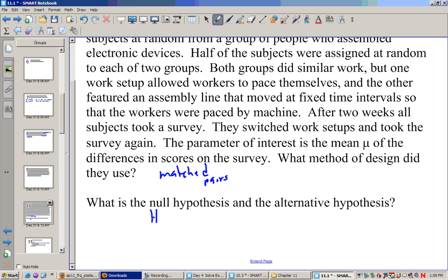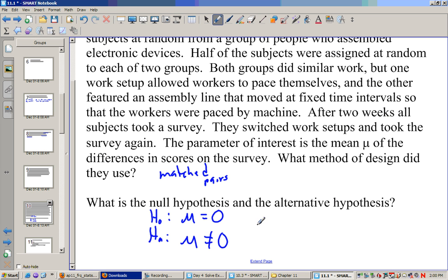Now let's look at the null hypothesis and the alternative hypothesis. The null hypothesis is the mean is going to be 0. We're going to say that there's no change that occurred. The alternative hypothesis is just going to be that the mean is not 0.